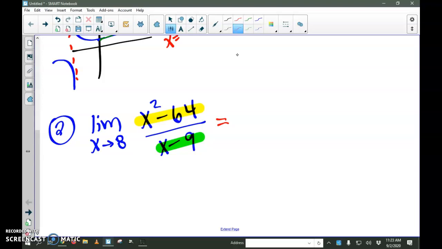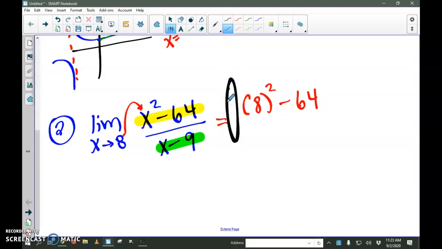I'm going to apply the limit by substituting 8 in for x in the numerator. Notice I'm not substituting anything in until my next step here. And once I substitute my x value into my function, I've dropped the limit. Okay? Notice that I don't have any limit written here anymore.